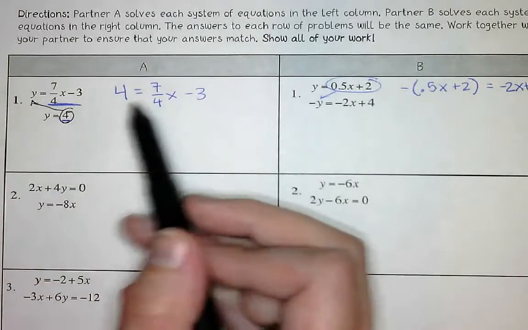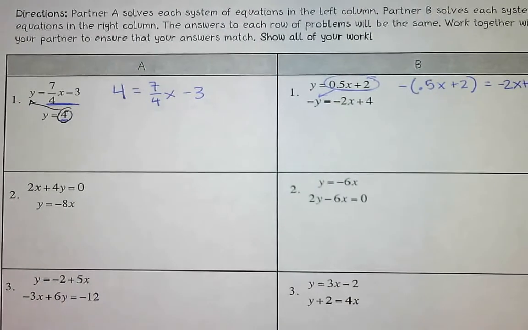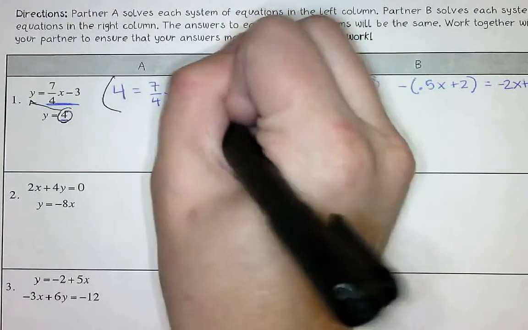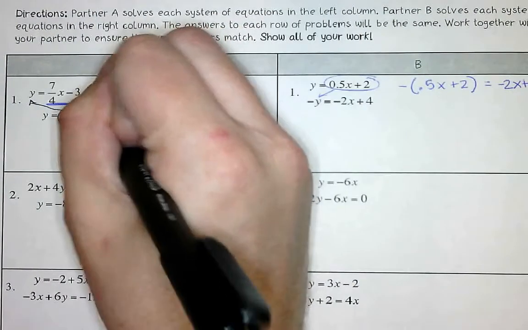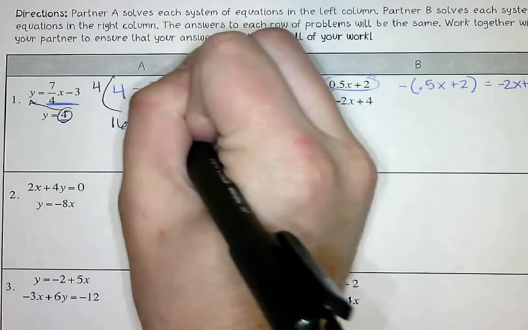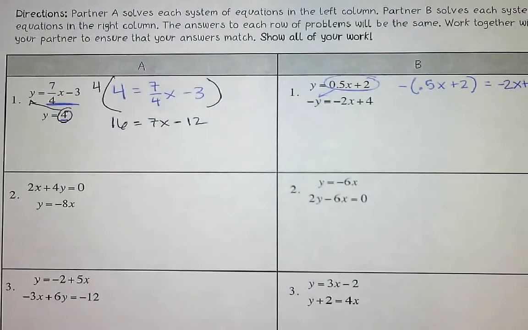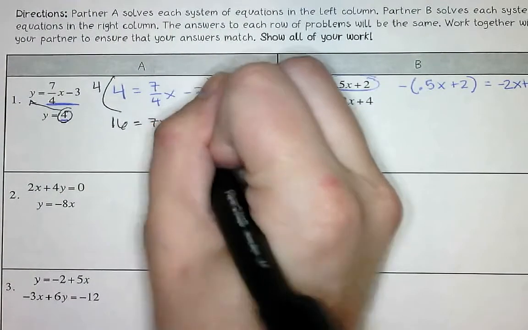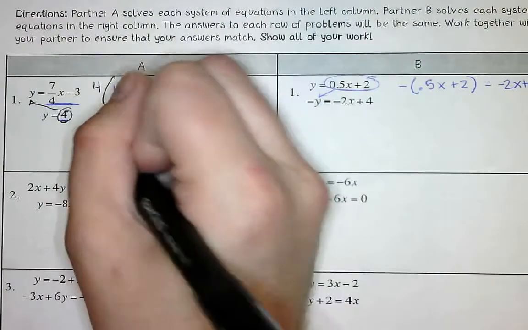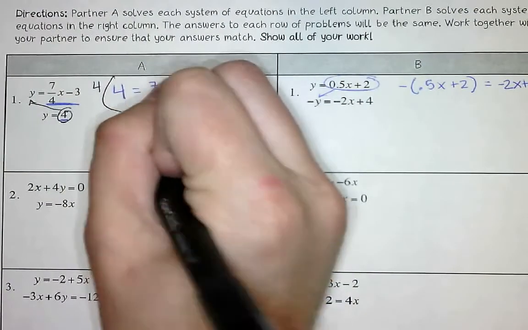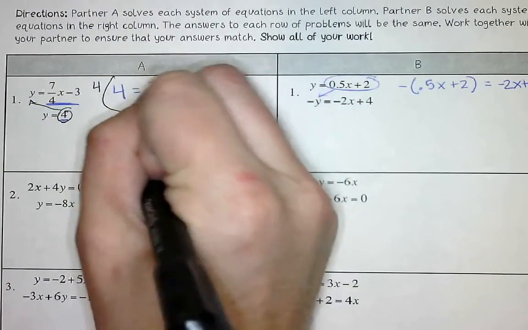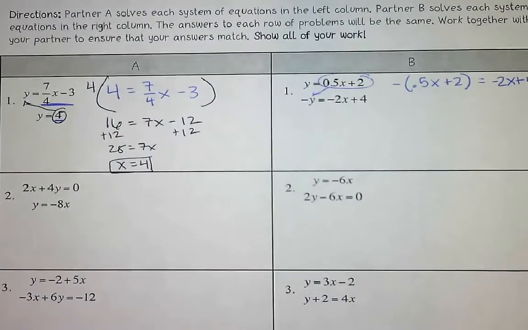So that would be what? 16 is equal to 7x minus 12. I would add 12. So 28 is equal to 7x. So my x is equal to 4. And then I would use this. Well, I already know what y is equal to. Y is already equal to 4. So this guy would be 4, 4.